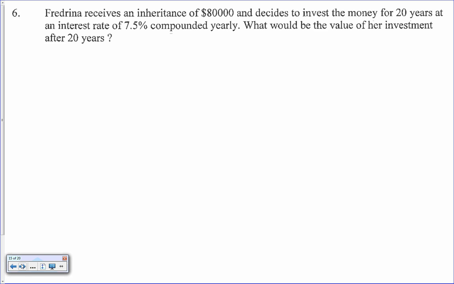Question 6. Fredrina receives an inheritance of $80,000 and decides to invest money for 20 years at an interest rate of 7.5% compounded yearly. What would be the value of the investment after 20 years? So we want to work out our future value. Our present value is $80,000.